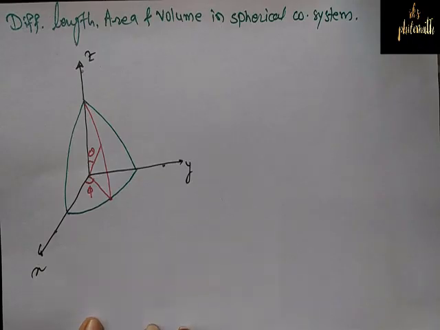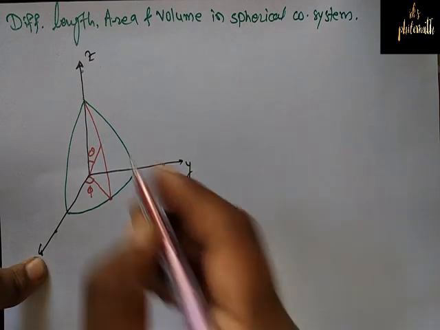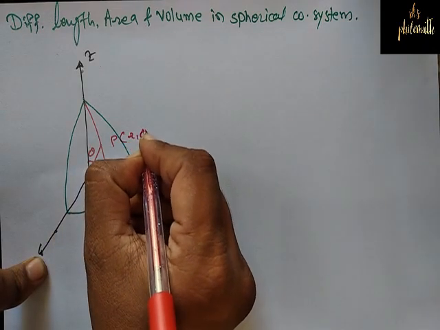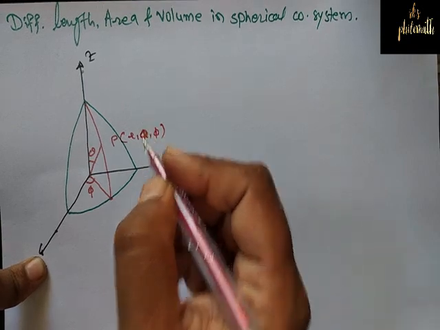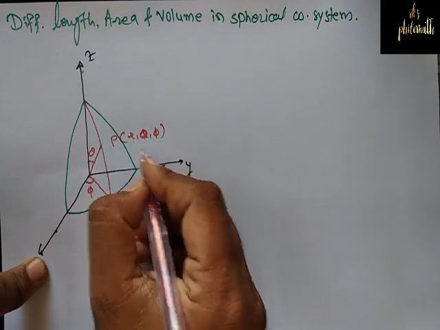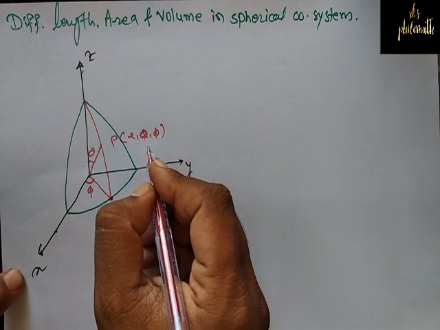Now we'll calculate the differential length, area and volume in the spherical coordinate system. As shown in the diagram, point P is placed in the spherical coordinate system, that is r, theta, phi. Here we know three variables.